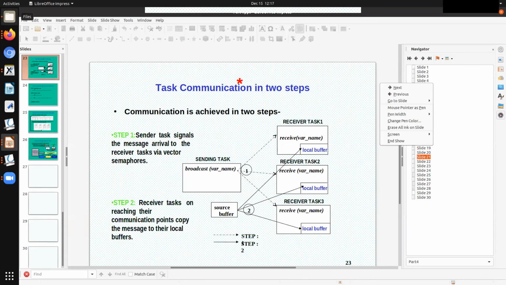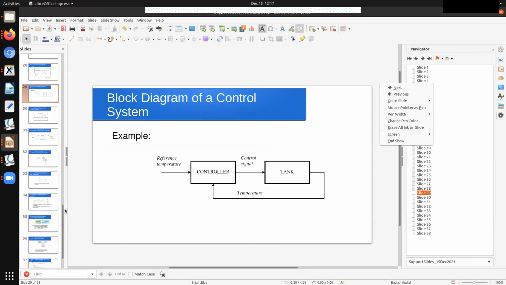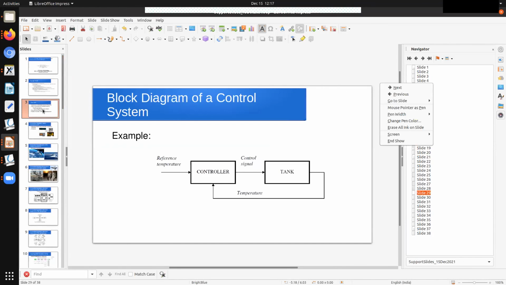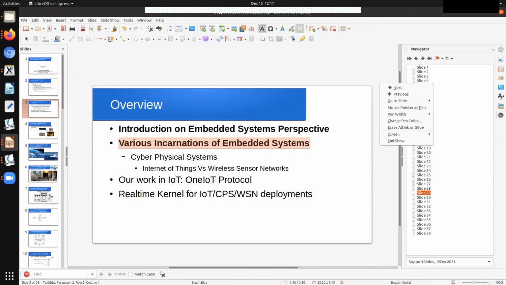Let me come back to the original set of slides, because we said at the beginning that we'd be covering these three parts. We quickly went through them at the beginning. This is a summarization of the slides. Then we saw various incarnations of embedded systems, and then we looked into cyber-physical systems definitions, the Internet of Things definition and the WSN definition.